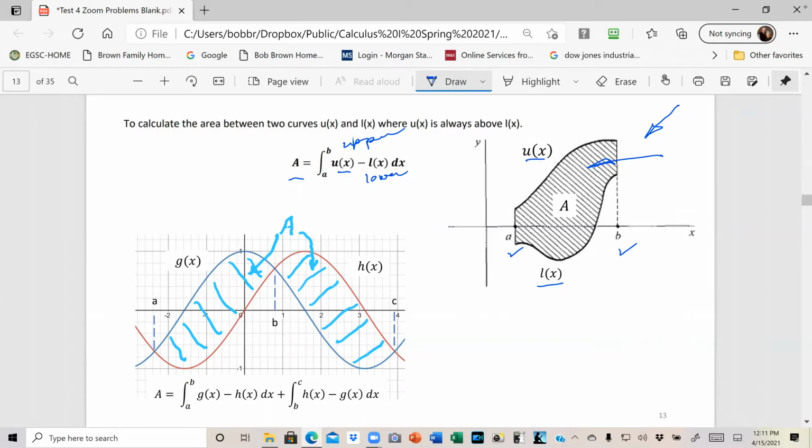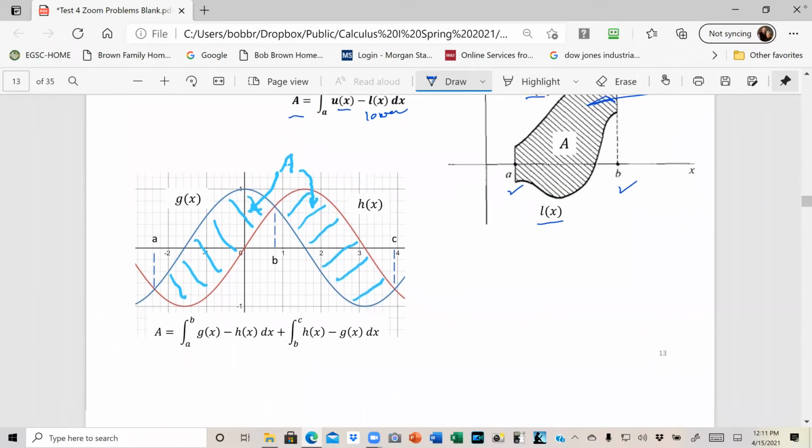And that would give you the area that's shaded here. Now, in some cases, one function will not always be above the other one. And there you would have to break it up. So, for instance, suppose we have g of x given by this function and h of x given by this function. You can obviously see that between a and b, g of x is above h of x.